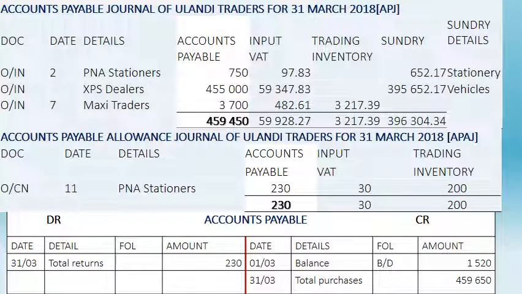credit side. And then at the end of the month, we posted the accounts payable journal on the credit side as total purchases, posted under folio from the APJ, the total amount as calculated in the accounts payable journal. On the debit side, we reflected the total returns which were posted from the accounts payable allowances journal.